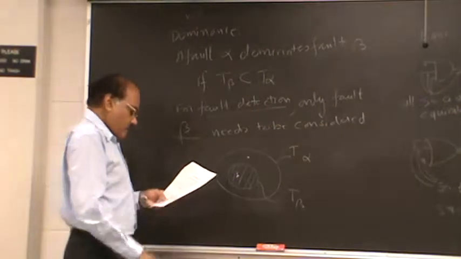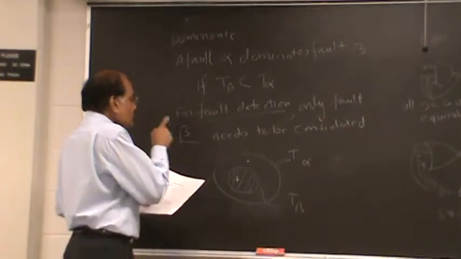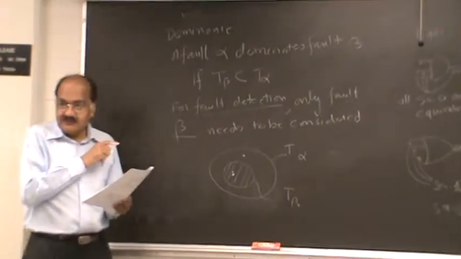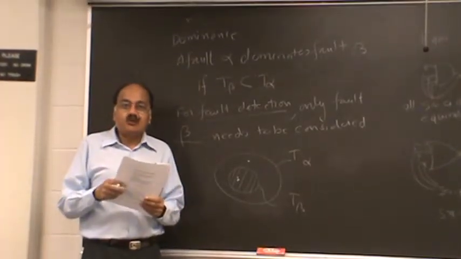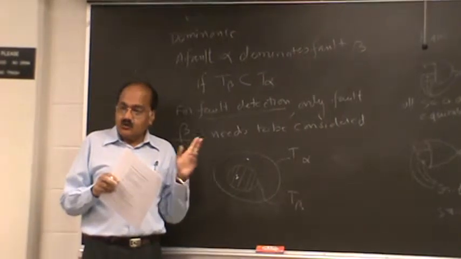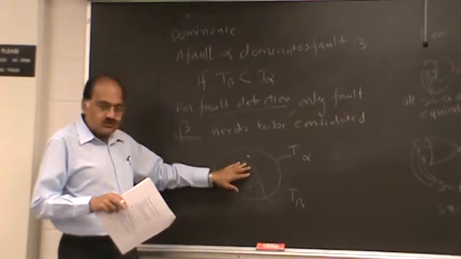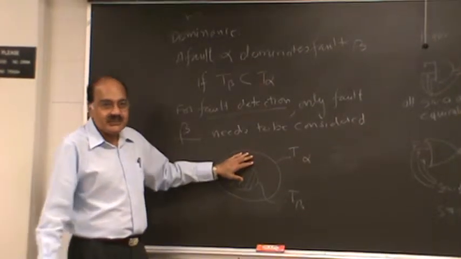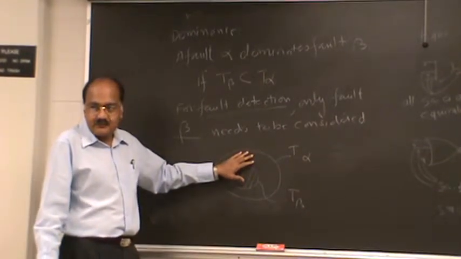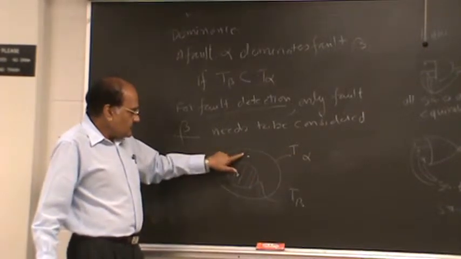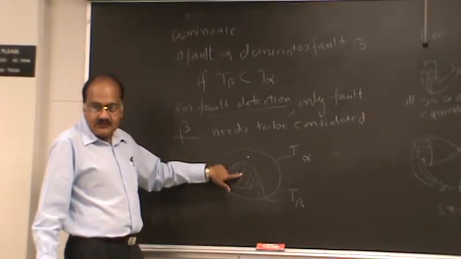And notice that this is only for fault detection. For fault location, if the test sets are not identical, then you can make a distinction between alpha and beta.